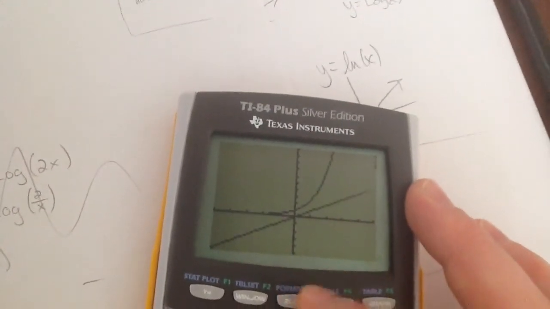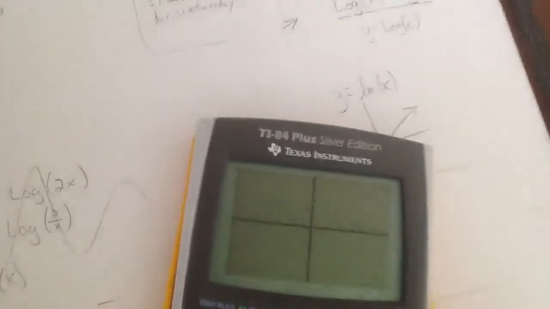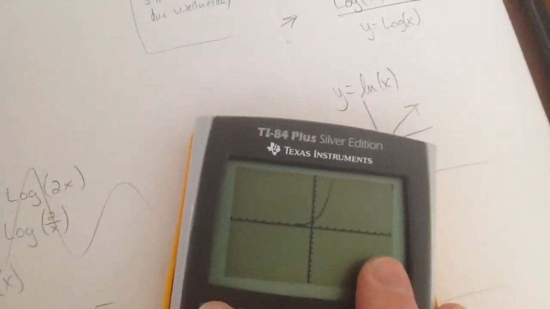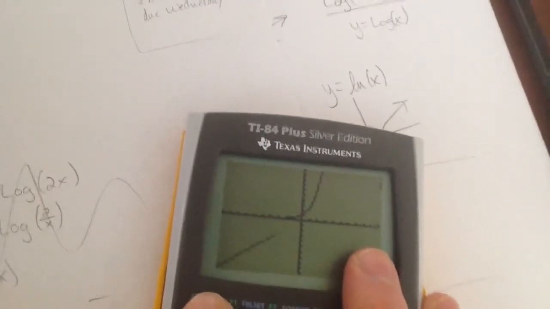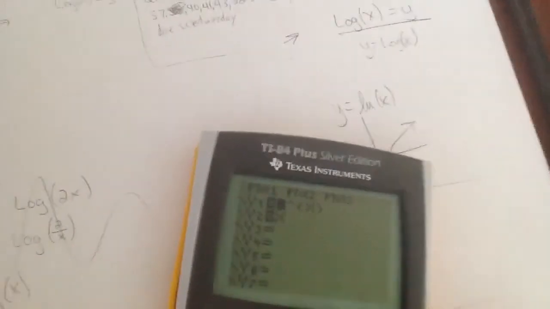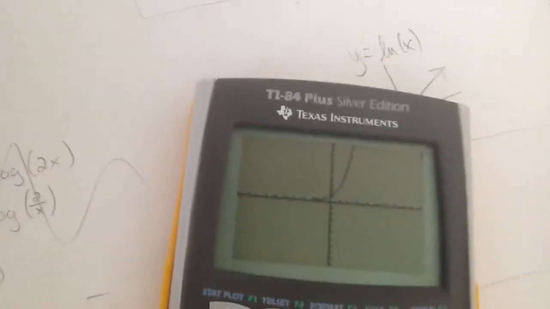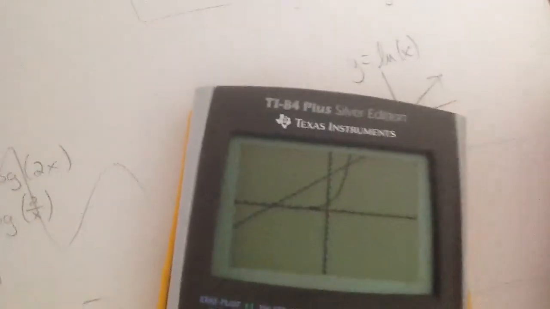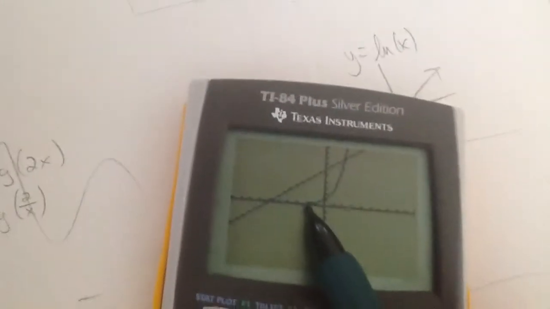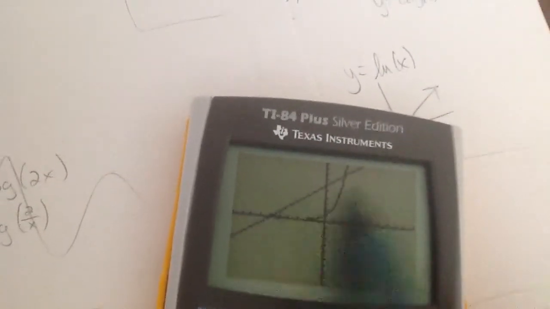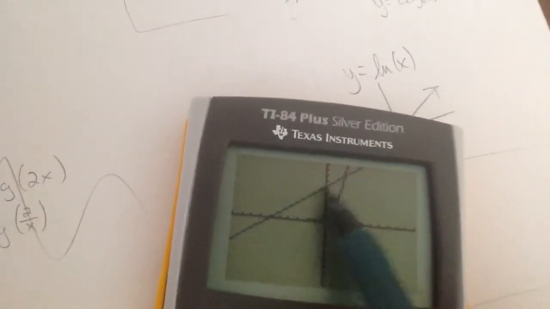Now I was going to say, those aren't going to intersect. Let me change that. x plus 6. There we go. Now they'll intersect. Actually, they'll intersect twice. Remember, that doesn't stop right there. So these two curves intersect here and here.